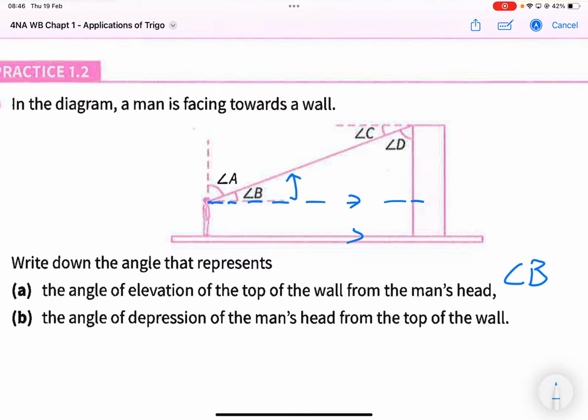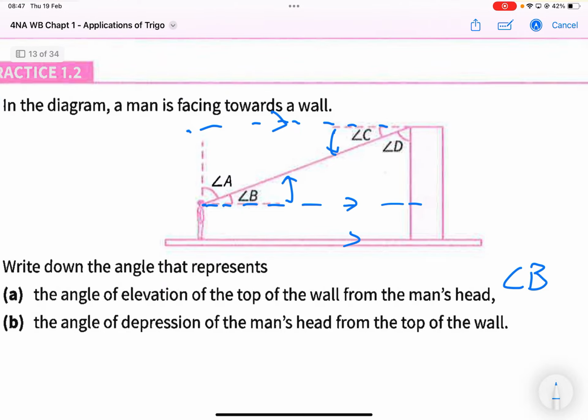That's why this angle, again, is measured to the horizontal. Then this is the angle of depression, because it is measured from the horizontal, then going downwards towards the head. So angle C is the angle of depression. Depression, going down.